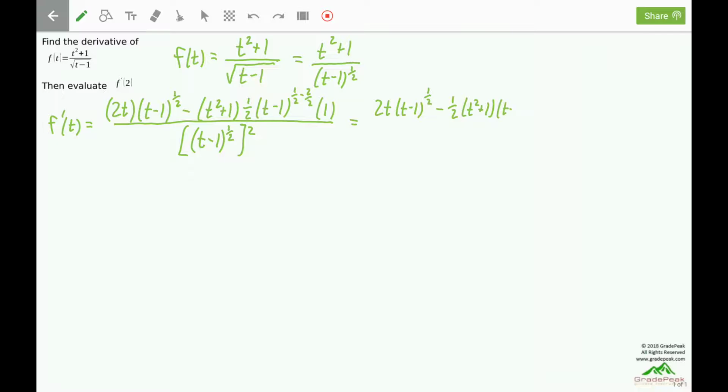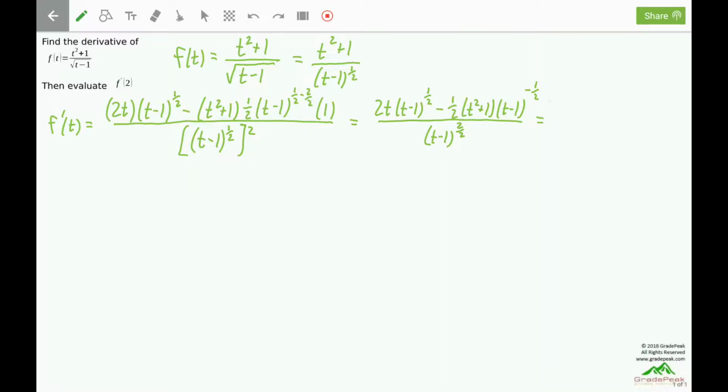And we have a t minus 1 that'll be to the 1 minus 2, negative 1/2. All of this will be divided by t minus 1 to the 1/2, then to the 2. Now when you raise and raise again, you actually can multiply those exponents there. So that'll be t minus 1 to the 2/2.